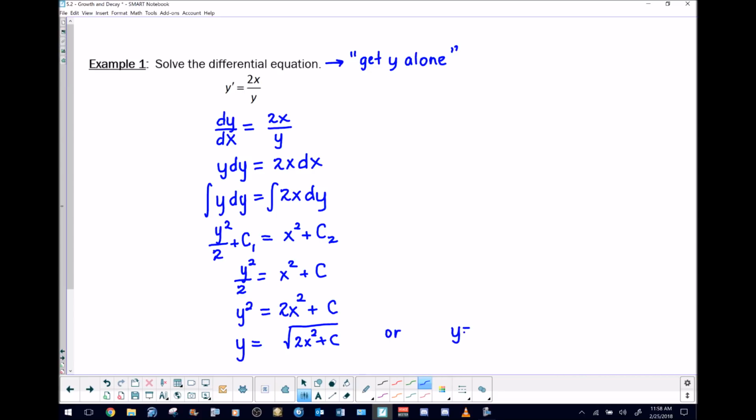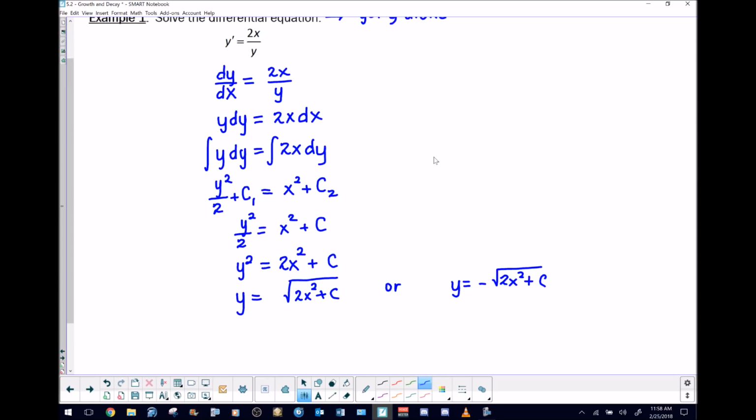I'm going to separate them, and instead of put the traditional plus minus in front, I'm going to separate the two completely, because the answer to our differential equation, ultimately, we want this to be a function, all right? We want this guy to be a graph that will pass the vertical line test. And with that plus or minus sitting out in front, that's not going to happen.